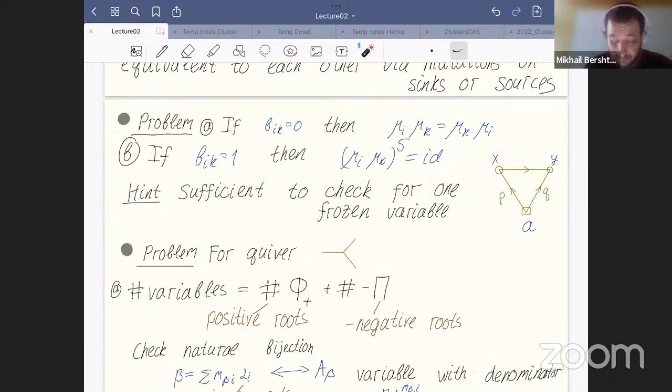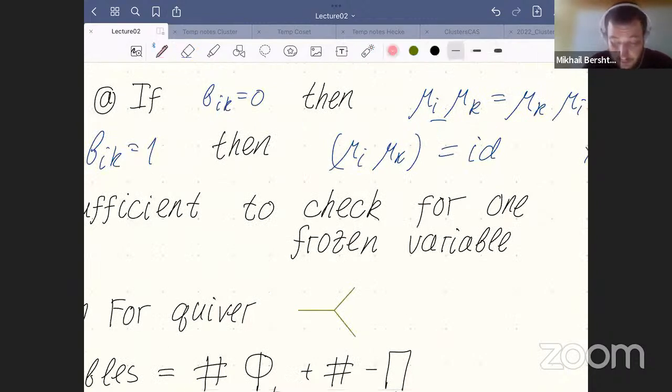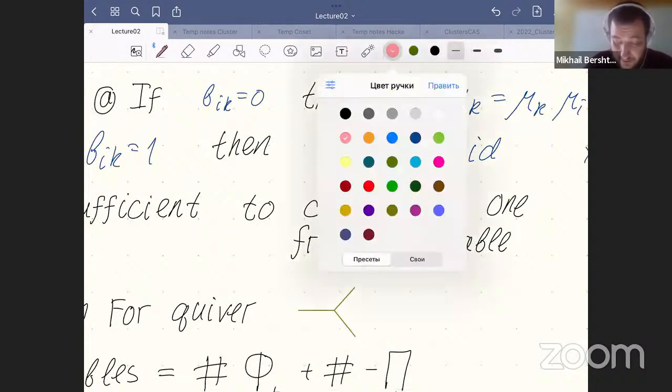And according to exercises, this lecture will be maybe the most dense.